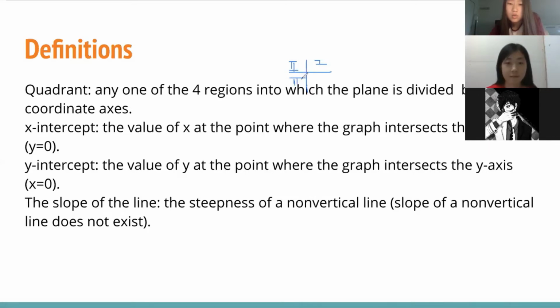I can't write so well on this. And this is quadrant 4. So it goes counterclockwise.